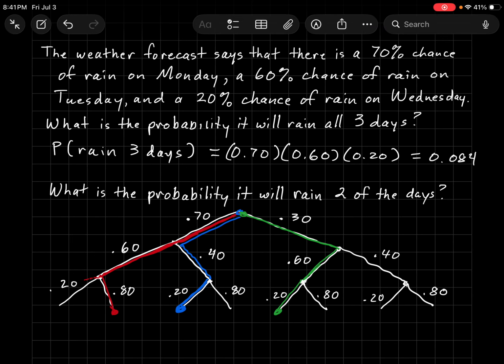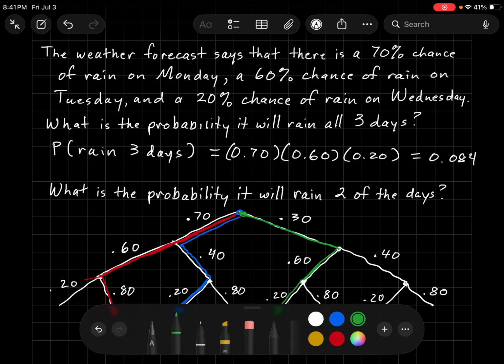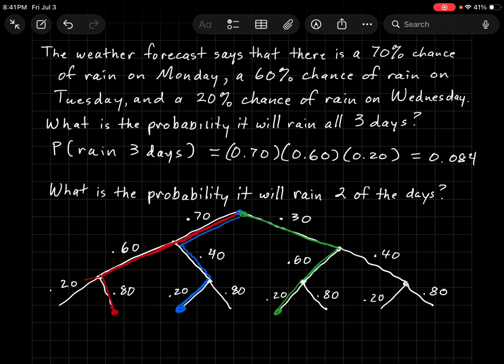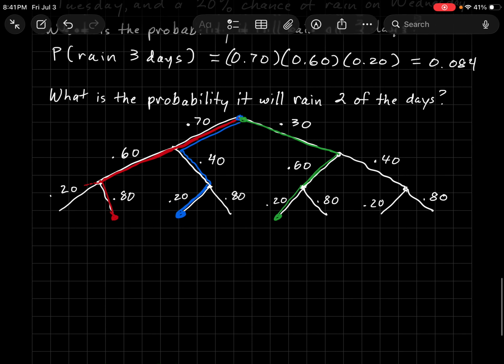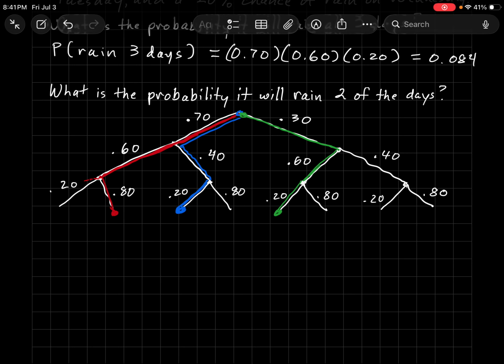Okay, so now, how do I find the probability that I want? Well, it's the probability of the red path, if you would, where we have 3 things we need to multiply, right? I could do 0.7 times 0.6 times 0.8. That's the red path. Rain, rain, no rain.